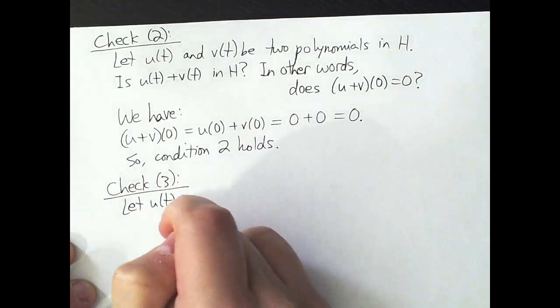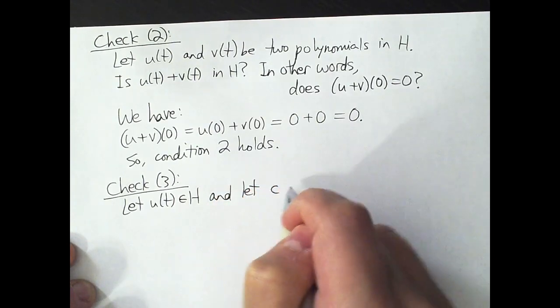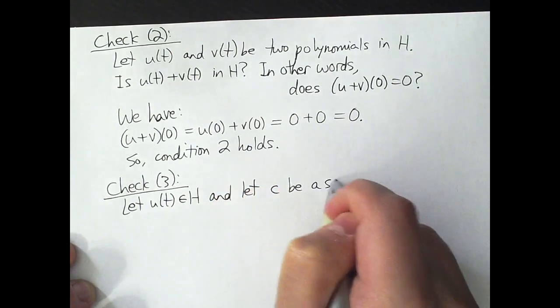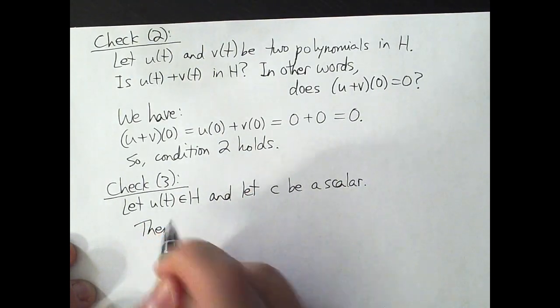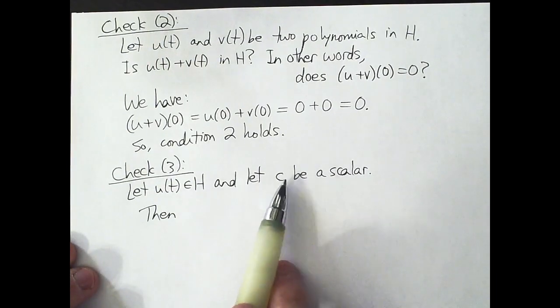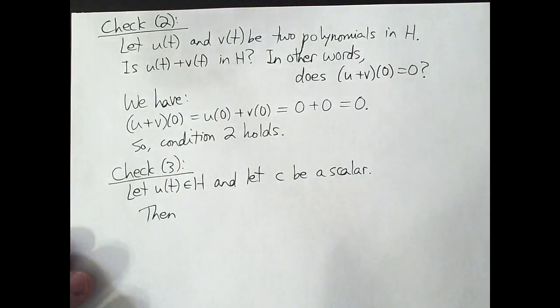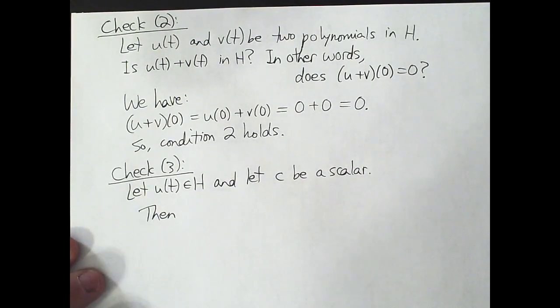Let u of t be an element of H, and let c be a scalar. We need to see if when you multiply the scalar times the vector, multiplying c times this polynomial, is it still in H? To be in H, it has to send 0 to 0.